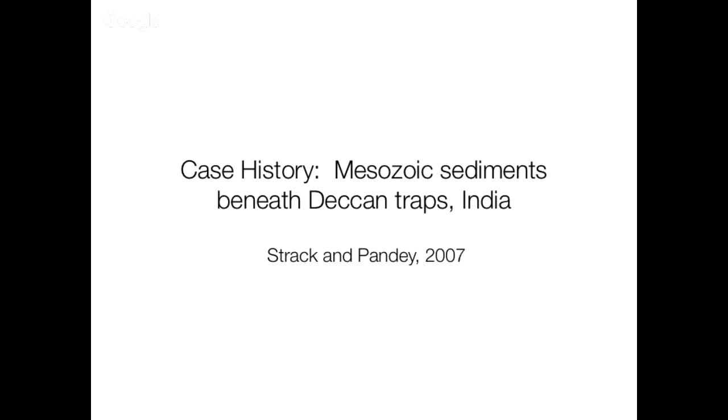So any other reasons why you might have heard of the Deccan Traps or why they're interesting? Anybody know when they came up? The geologists? Recent is a very relative word. Oh, relative to Australia. Oh, recent.